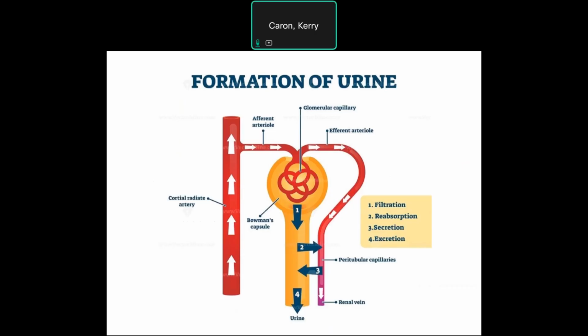So that's where we decide, wait, I want this. No, I don't want this. Some secretion happens if we need to unload some excess fluid and things like that. Hormones, and then excretion happens via urine, and cleaned filtered blood will exit out of the renal vein.